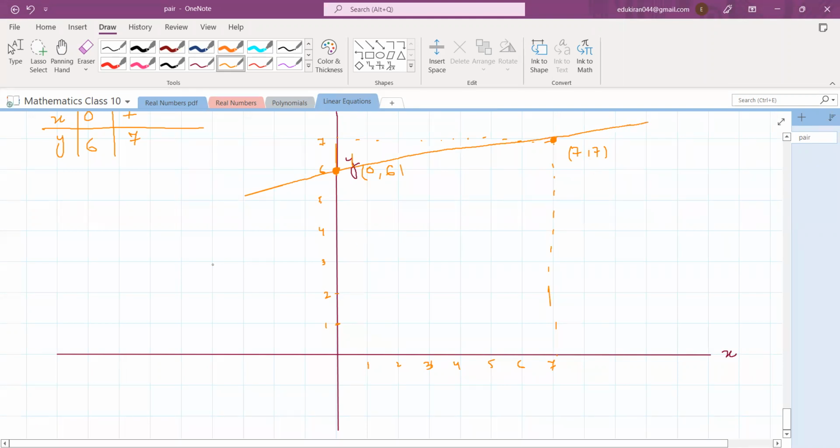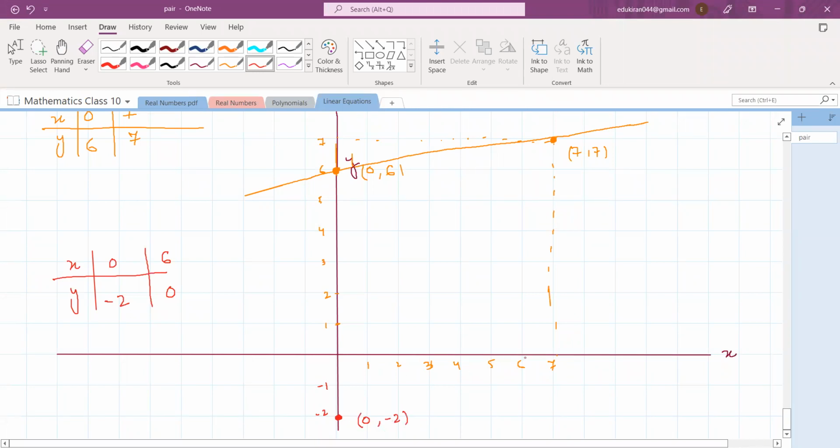Now look at the second one. Please tell me the table again. When x is 0, how much is y? Minus 2. And when x is 6, y is 0. So when x is 0, y is minus 2: this is minus 1, this is minus 2. Mark this point: x coordinate 0, y coordinate minus 2.